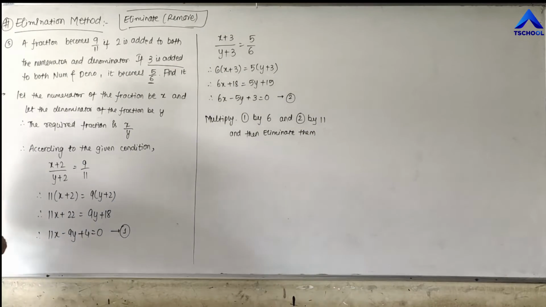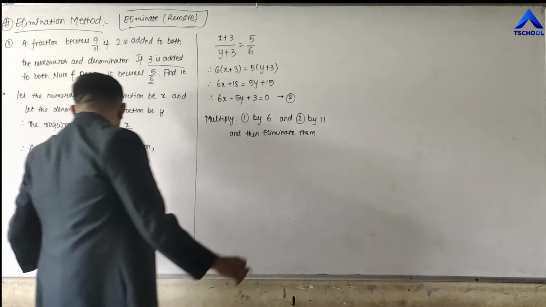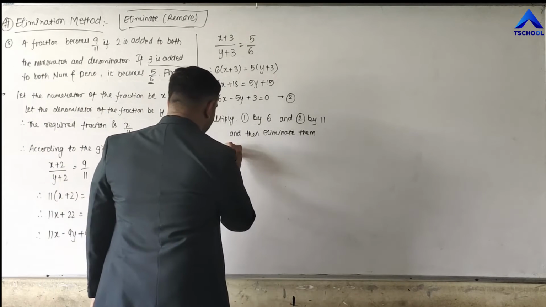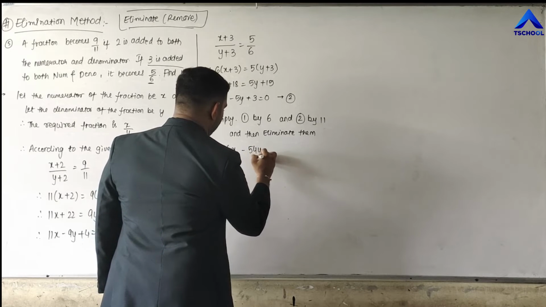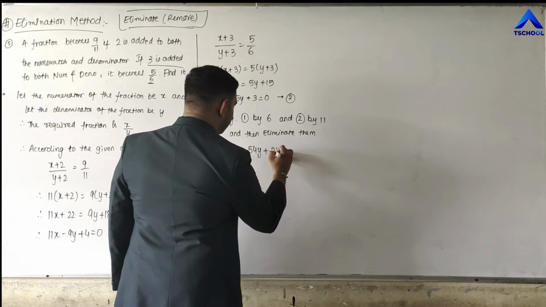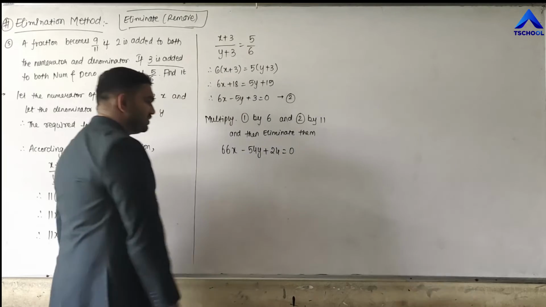First of all, let us multiply the first equation by 6. So if I multiply here by 6, I shall get 66x minus 9 into 6, 54y, plus 4 into 6, 24, is equal to 0.